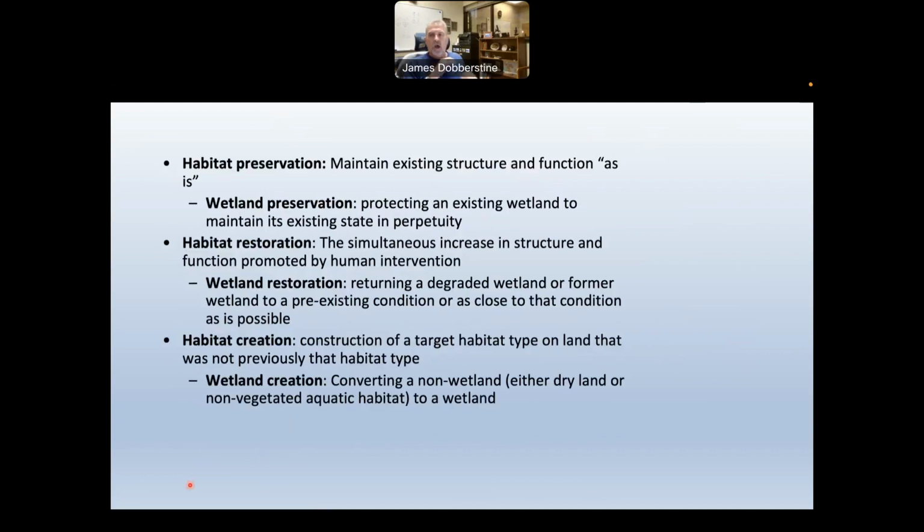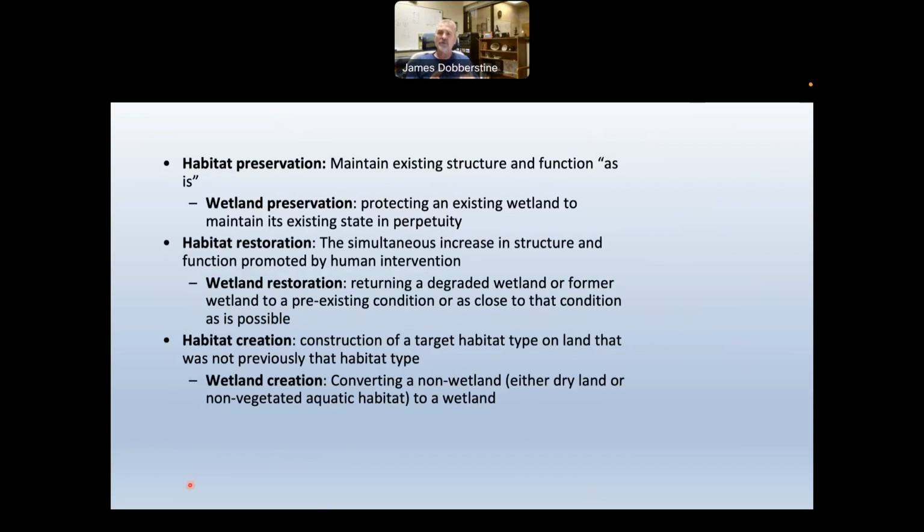Okay. As I mentioned, we're primarily going to talk about restoration today and over the ensuing two more discussions. However, I also want to talk a little bit about habitat preservation. I think it's important to look at preservation as your baseline or your control whenever you're talking about habitat restoration, right?